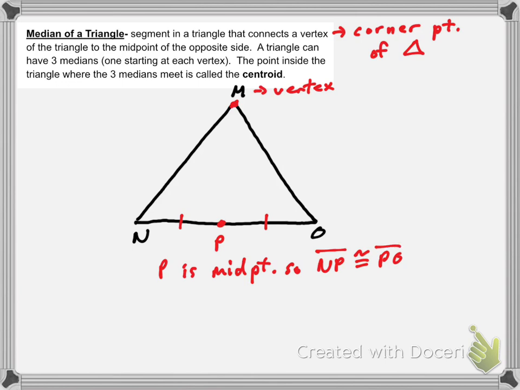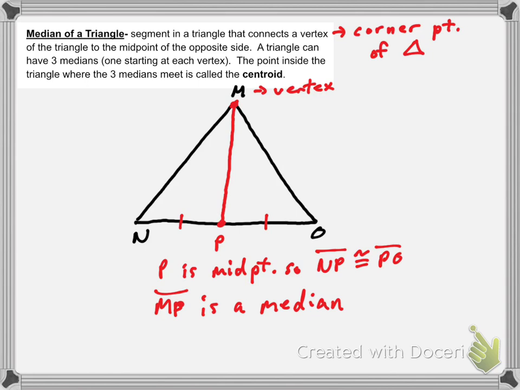So if I start at M and just draw this segment to P, that means that MP is a median. So there's an example of a median.